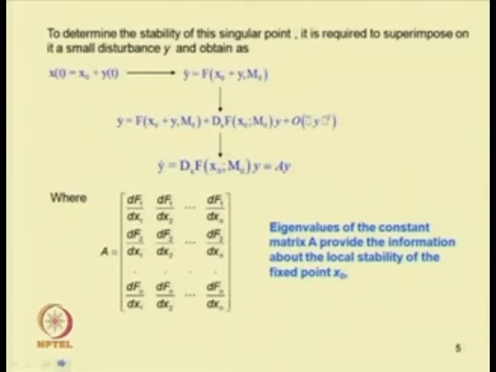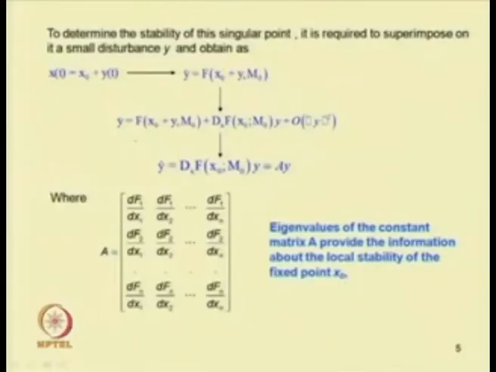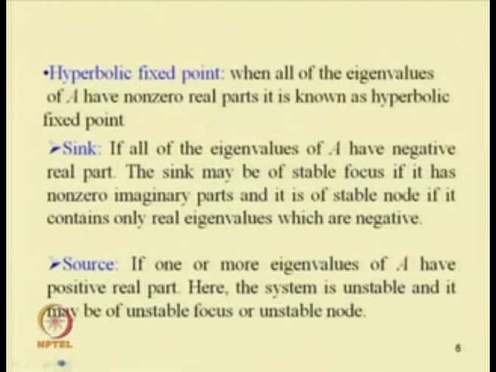By perturbing, we obtain the Jacobian matrix, and by finding the eigenvalues of the Jacobian matrix we can find whether the equilibrium point is stable or not. If the real part of the eigenvalue is negative, then the fixed point response is stable. If the real part of the eigenvalue is positive, then the system is unstable.